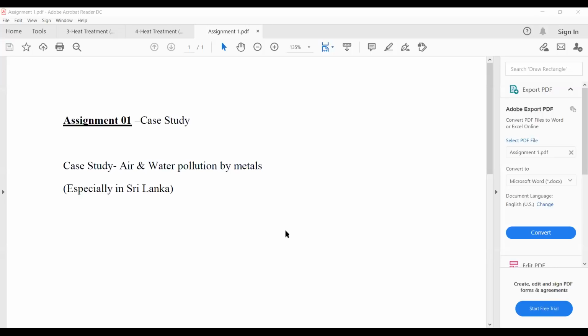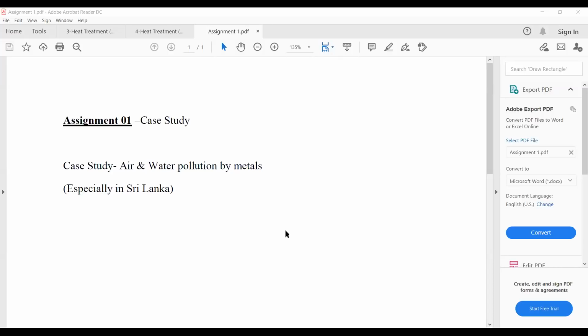Get at least 5 points, or ways of polluting the air and the water, list down 5, and then explain that pollution. That is the assignment, but don't Google it.